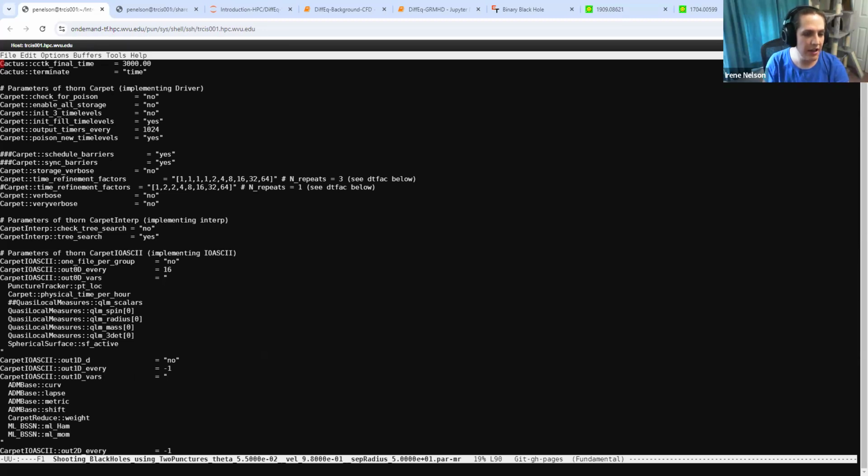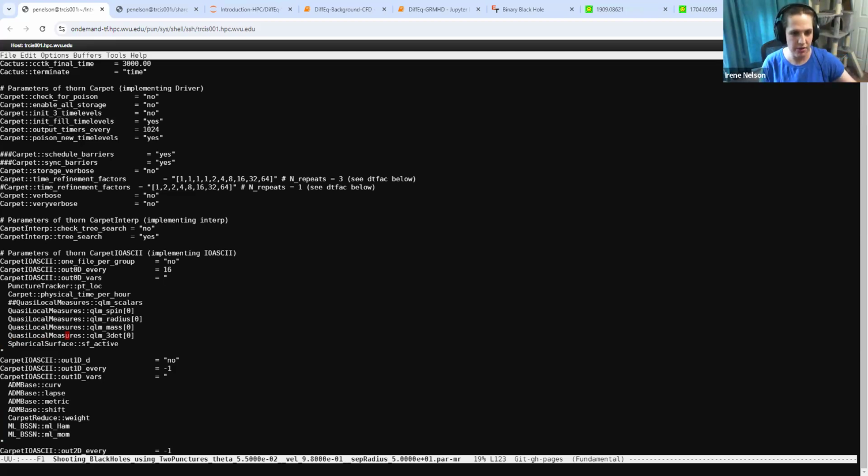Space. Carpet IO ASCII, this is an important thing where it offers us outputting specific information from a simulation. So you can see we do things like the quasi-local measures thorn, which will calculate things like the spin of the black hole.